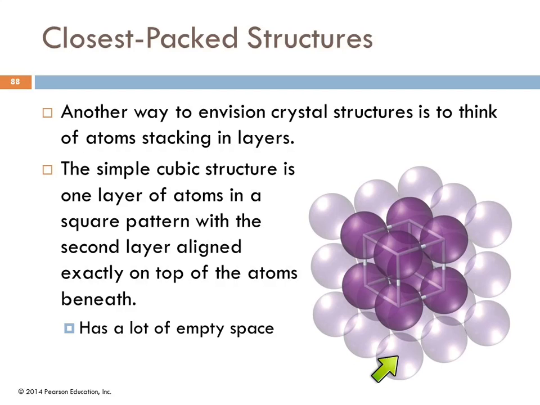So think about putting marbles in a box or oranges in a box. And so here you're lining up the marbles, and the second layer, this marble is directly on top of that marble. And so the sides are going to be straight, and you're going to have the same arrangement all over the place. That's not the most efficient way, though, and that's not what marbles naturally want to do, is it?